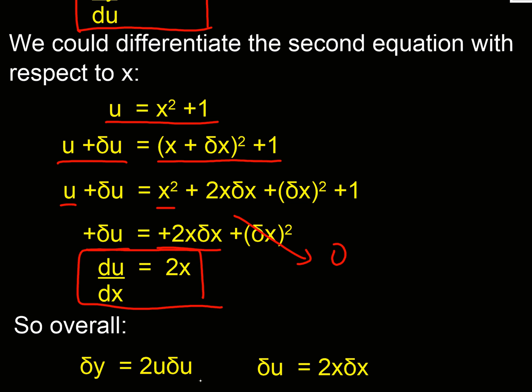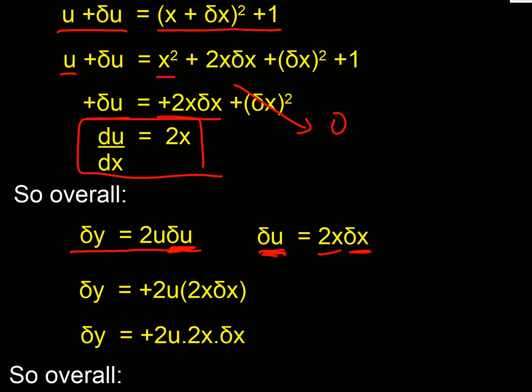And if we combine the two here at the bottom, in the little deltas form, we know that our little delta y will be 2u times our little delta u that's driving it. If our little delta u is being driven by our little change in delta x, then delta u will be 2x times delta x, and therefore if we substitute the second one into the first, we find that delta y is going to be 2u times 2x times our little delta x.